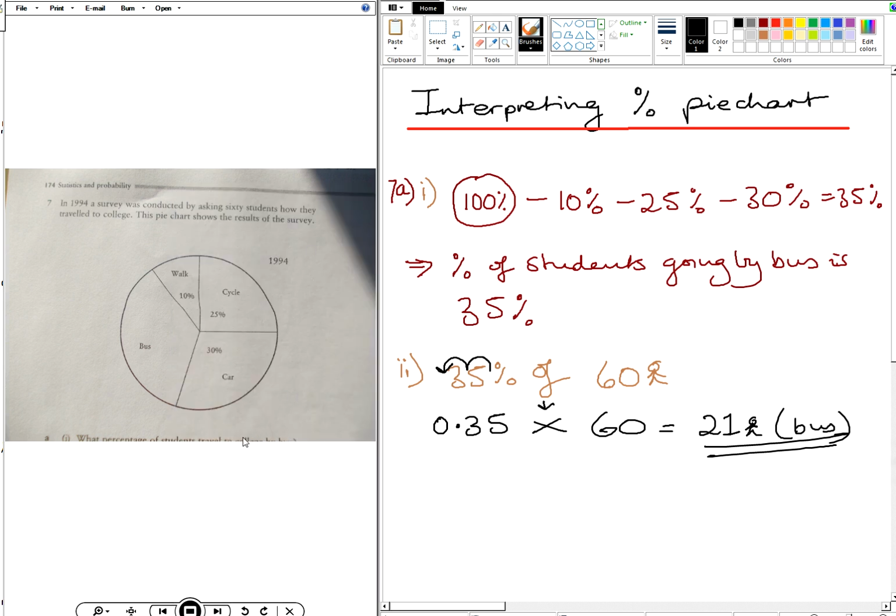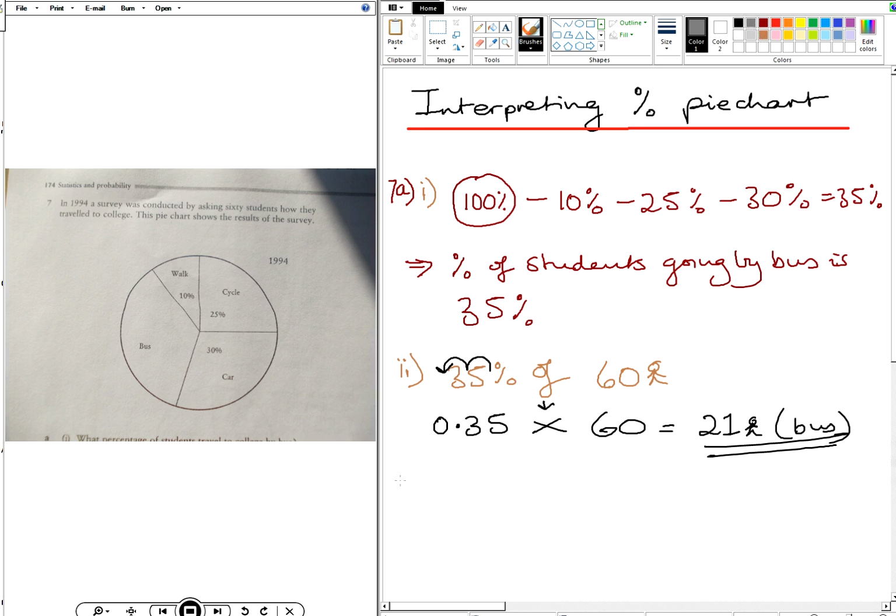Next question. Now that we've worked out the number of students who went by bus, we need to work out the other three as well. So let's do that for each other part.